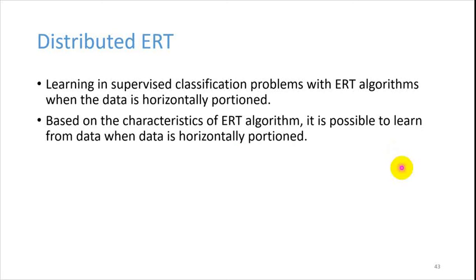Now I'm going to explain the distributed ERT, which is the application of the ERT algorithm for supervised classification problems when the data is horizontally partitioned. Based on the characteristics of the ERT algorithm, it would be possible to apply this algorithm when the data is horizontally partitioned, and I'm going to show this.